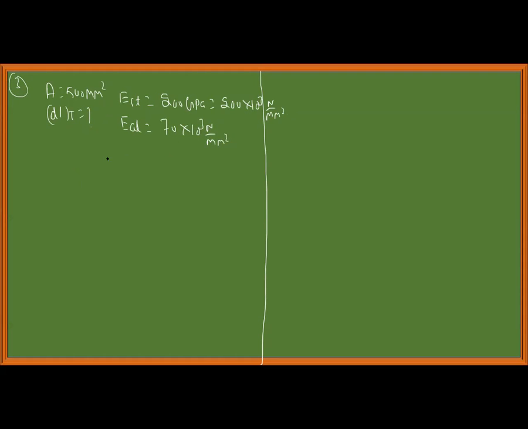The modulus of elasticity of copper is equal to 120 GPa. This is the given problem data. We need to find the total deformation. The problem is like this.